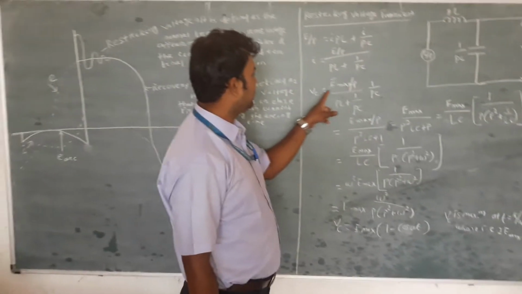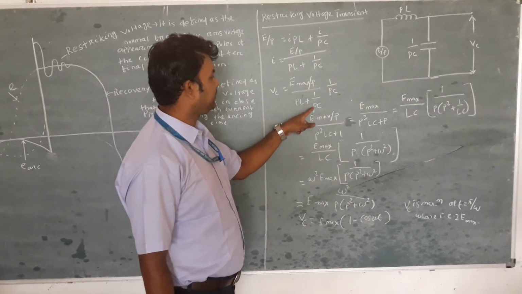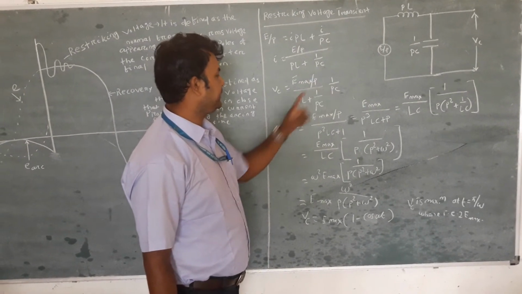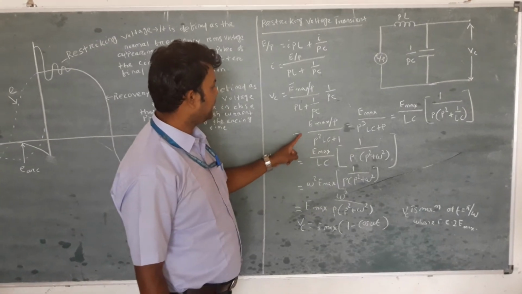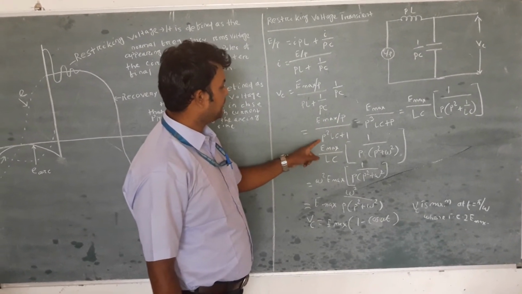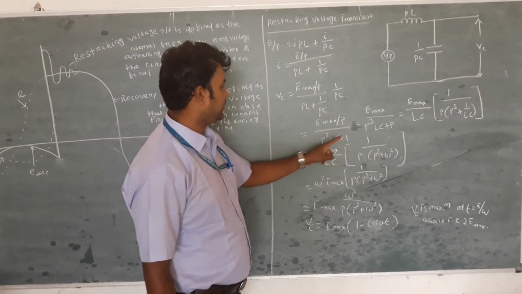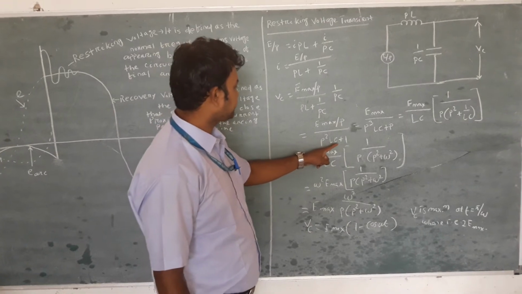Then we can write this as Emax by P divided by (PL plus 1 by PC), into 1 by PC. That equals Emax by P divided by, if you take the LCM, P square LC plus 1.